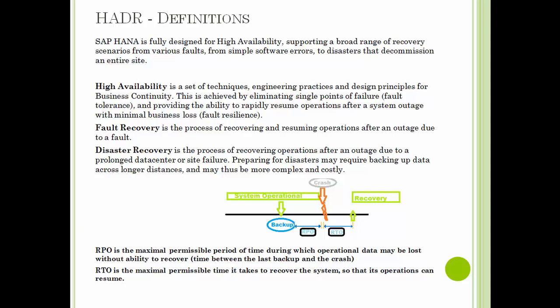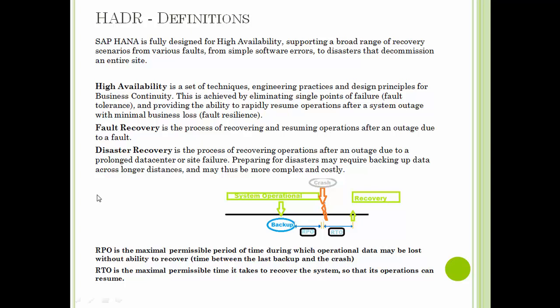What are these RTO and RPO values? You can see the picture here where a system is operational in normal condition, and this is the point where a backup is triggered. Going ahead, we see a crash which causes an outage of the system, and the operation ends there.